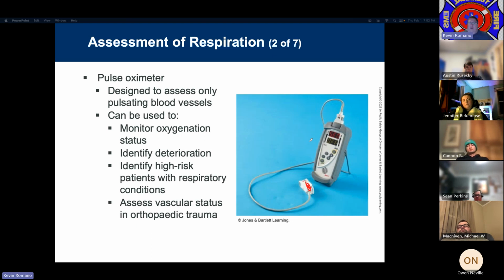But what we're really looking for, and it's not really discussed in this at all, is the pleth. When it comes up, comes down, like that. Okay, that's good pleth. If you see this, which we've all seen before, right? That's not good pleth. We see this, we're not getting an accurate reading.